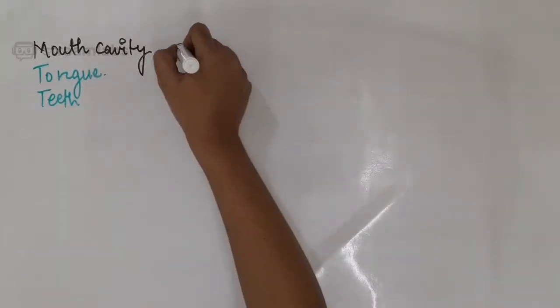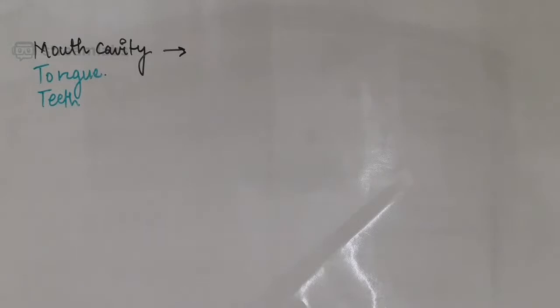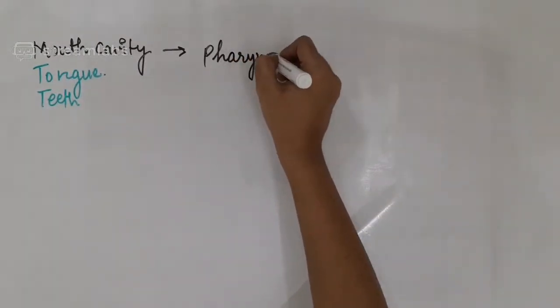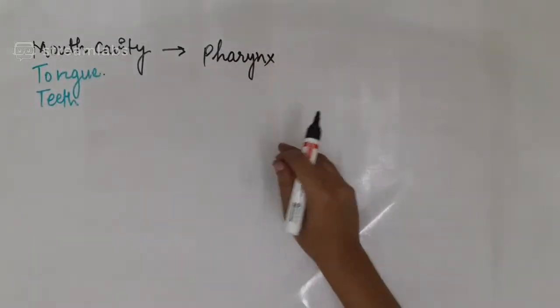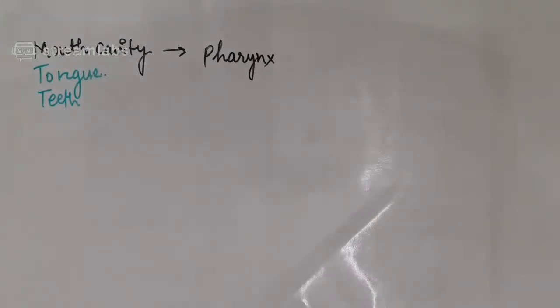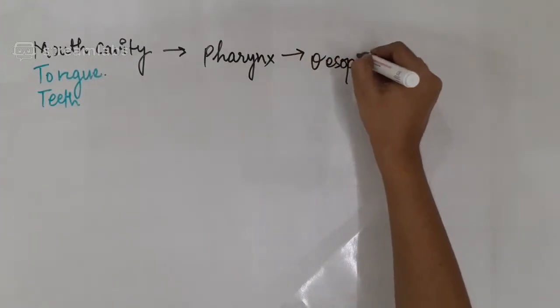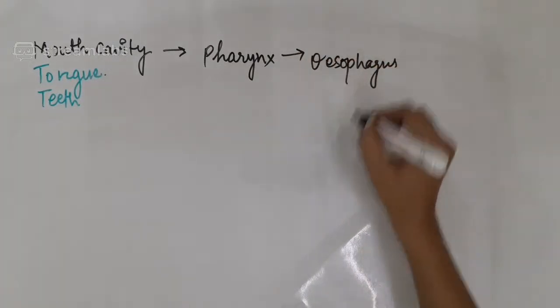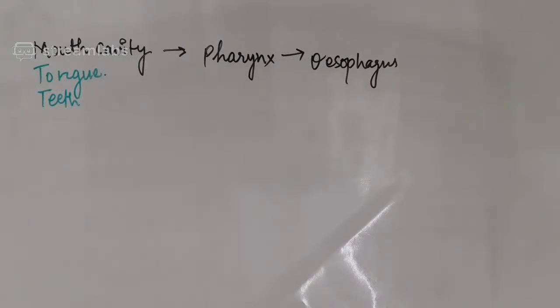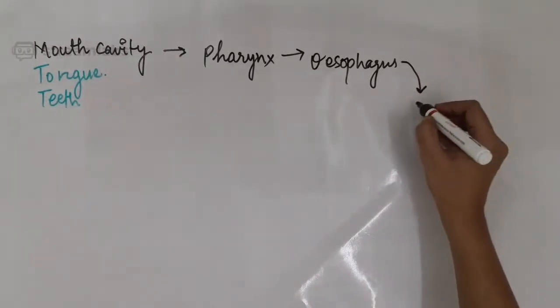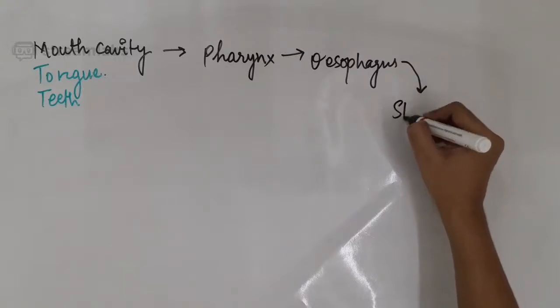After the mouth, the common passage called pharynx takes the food to the food pipe or esophagus. Through the esophagus, by the help of peristalsis or the contraction of the muscles, the food is pushed into the J-shaped organ called the stomach.